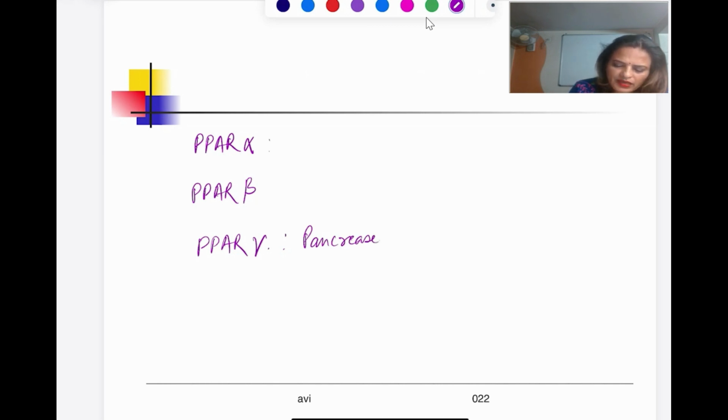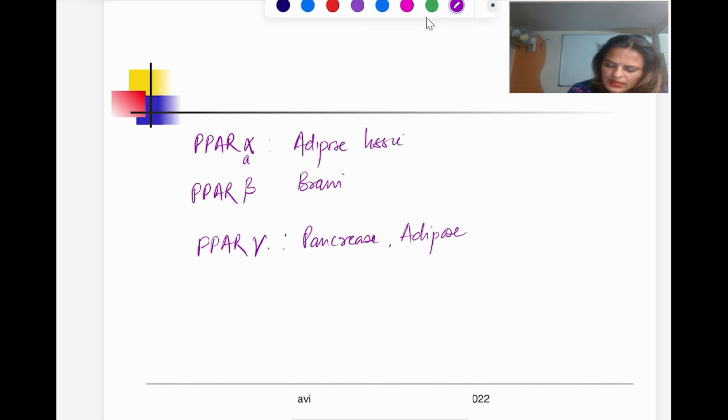This is alpha. Alpha, if I write it as A, so remember it with the adipose tissue. Beta, beta stands with the B. Remember it with the brain, and gamma with both pancreas and adipose tissue.